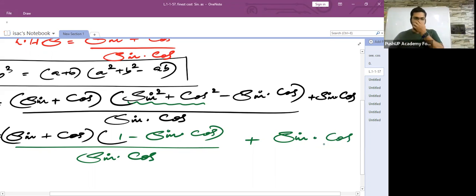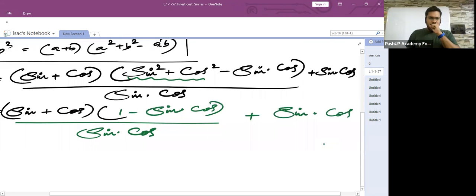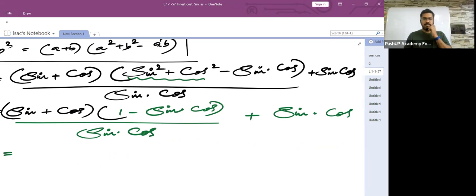Now what to do next? Shall I do one thing? Shall I divide sine plus cos with sine into cos? Will I get some result? No, I think. Or shall I apply the LCM method?